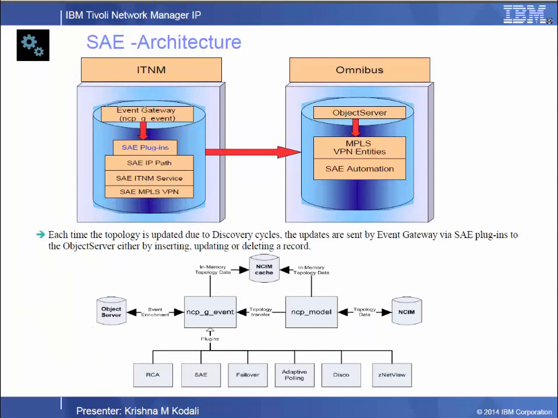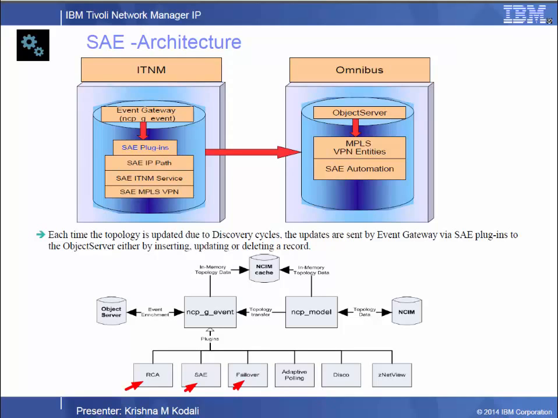Okay, so let's look at the SAE architecture. Since it is a cross-product feature, ITNM has many subcomponents. One of the components is the event gateway. The event gateway itself has many plugins. You can see here the plugins are RCA, SAE, failover, and so forth.